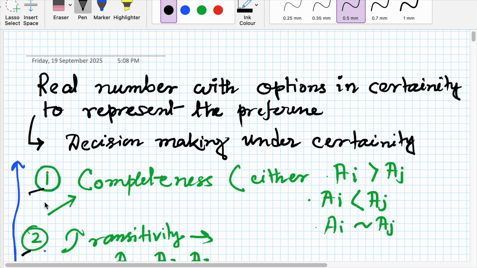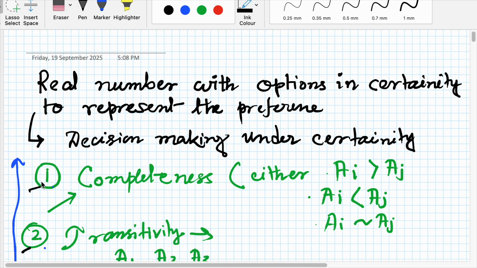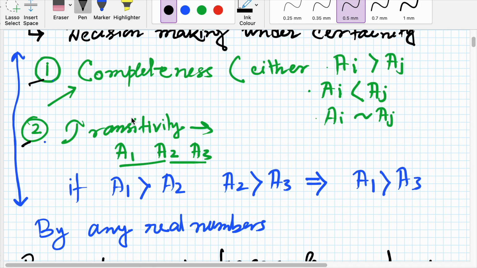The first two axioms, as we have seen, are related to decisions under certainty. One is completeness. That means if I present you multiple options pairwise, you are able to prefer one item over another, or you may feel that two items are indifferent in your preference.